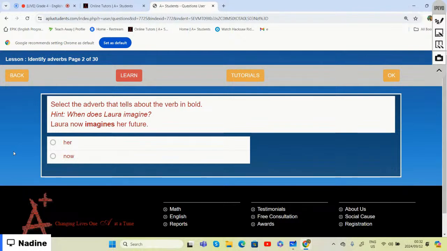It says Laura now imagines her future. When does Laura imagine her future? Is it option one, her, or option two, now?